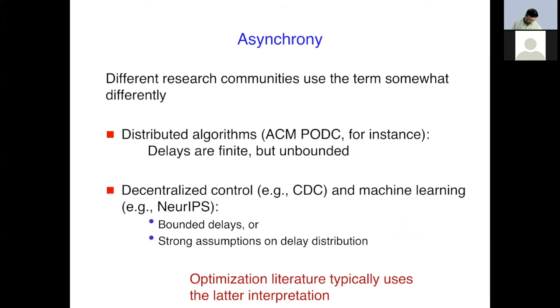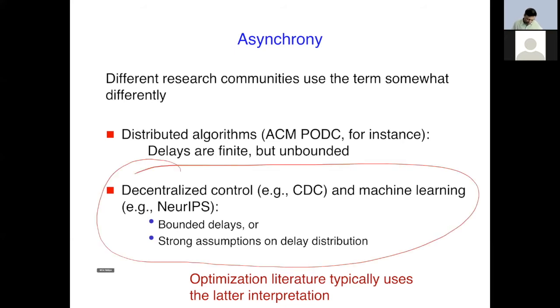In the communities where the work on distributed optimization tends to happen more, even though someone may call the network asynchronous, it's very often the case that the delays are assumed to be bounded. Meaning you can say, look, if I send you a message in the first iteration, then you will receive it by the time you're performing your 10th iteration.